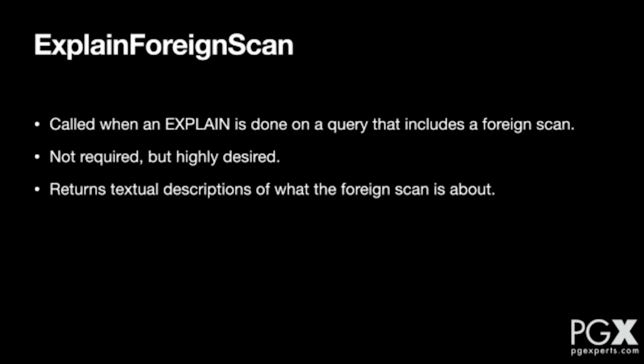There's explain foreign scan. Remember, if you've looked at an explain plan, there's the planner node that says, I'm doing an index only scan, I'm doing this. And then there's some information below it that might say filters, or might say what key it used, or something like that. You have the opportunity to explain yourself, as it were, to explain what you're going to do in the foreign table scan, and that can be very useful to someone who's running a query on your foreign table.